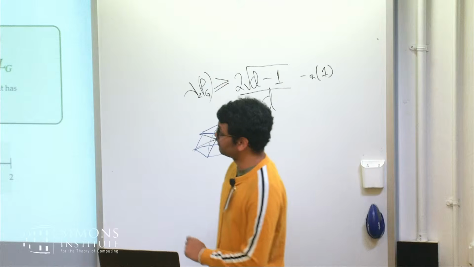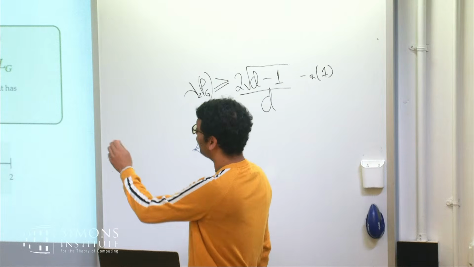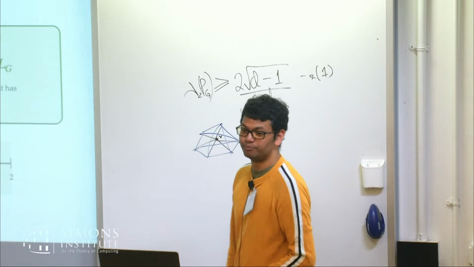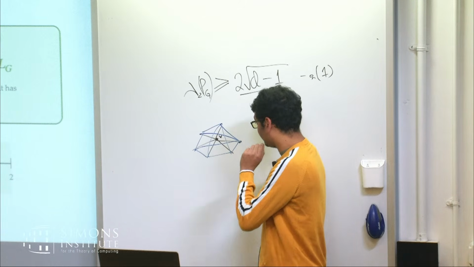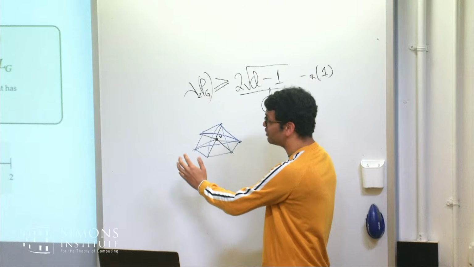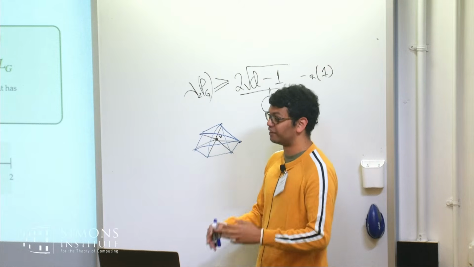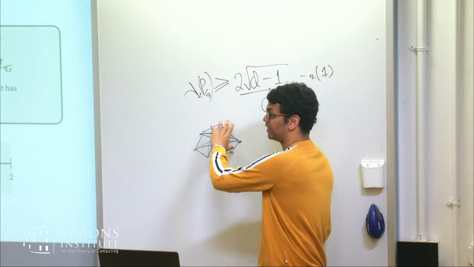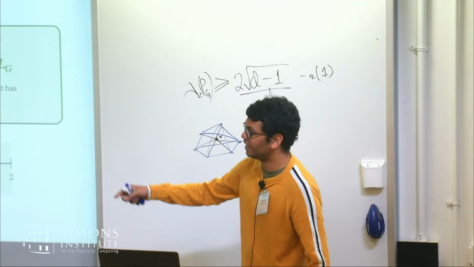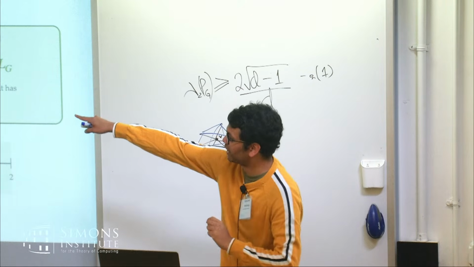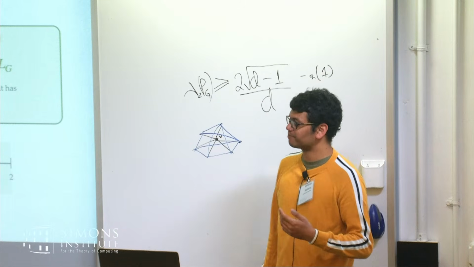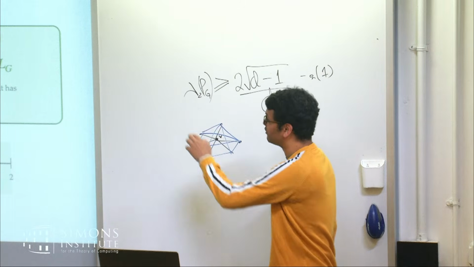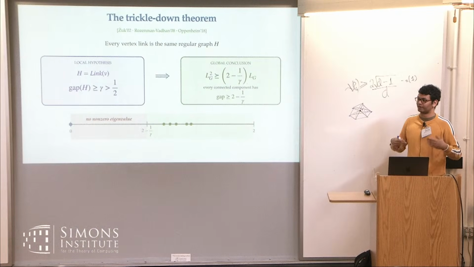Okay, so now one way to actually interpret the trickle-down theorem, or the proof of the trickle-down theorem, is that if you have a graph whose de-randomized square is itself, that's the same thing as saying that the link is an expander. That is, if for the sparse expander you use whatever the expanding link is, then what that's saying is this graph is like a fixed point for the de-randomized squaring operation.